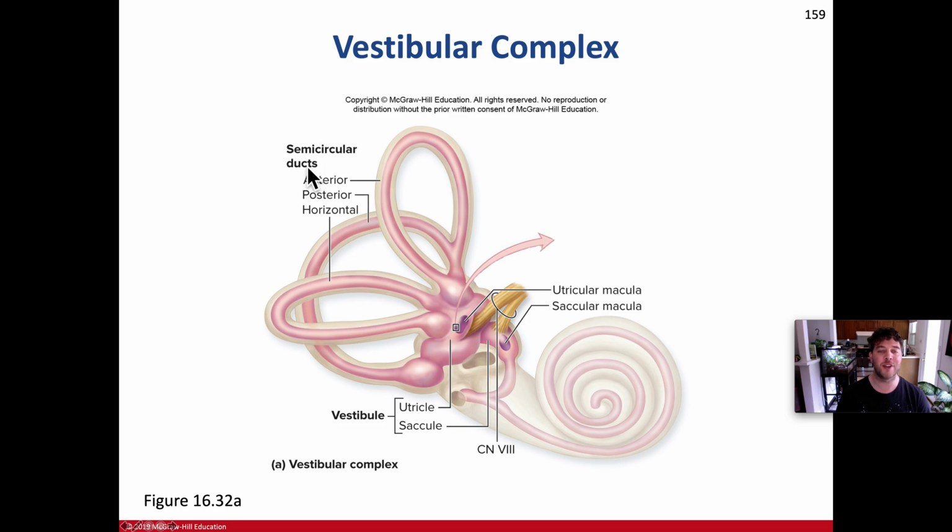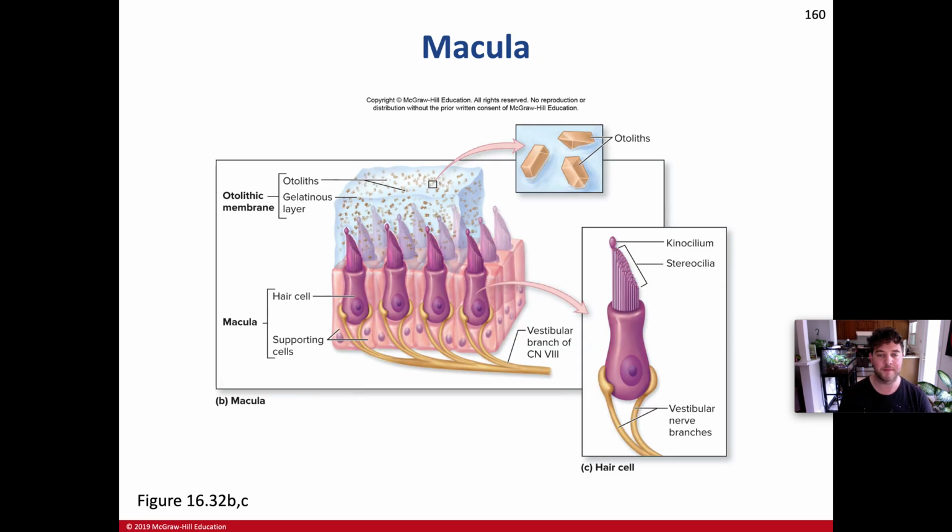And then the semicircular ducts, notice that they are oriented anteriorly, posterior, and then horizontal. So they're kind of able to detect all of those angular movements. Right here is the otolithic membrane. So it has the gelatinous layer filled with these otoliths, these crystals or little rocks rather. You have your one tall kinocilium, your smaller stereocilia.